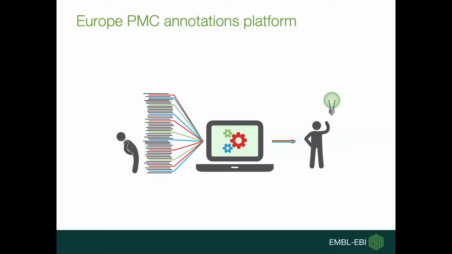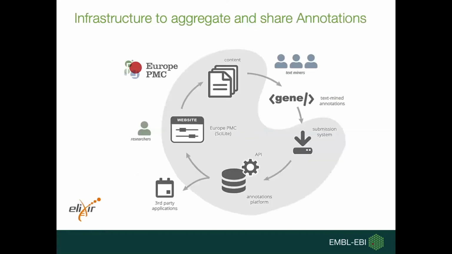At Europe PMC, we want to help bioinformaticians, data scientists, and researchers to overcome this hurdle. Therefore, we have set up an infrastructure to host text mining outputs or annotations. This way, annotations from different sources can be aggregated and shared with the larger scientific community.